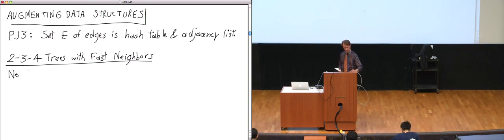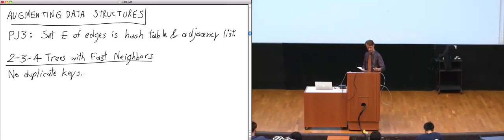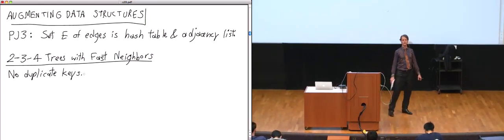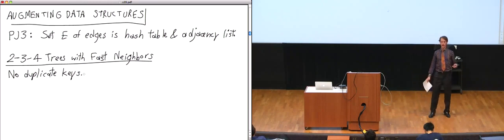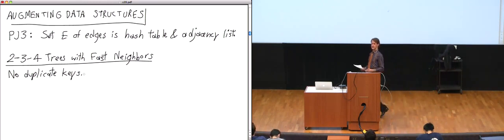We never actually add duplicate keys. And there are ways to do what I'm about to tell you that do allow duplicate keys, but I'm just not going to talk about that because that just complicates the basic idea. And I just want to get the basic idea across.